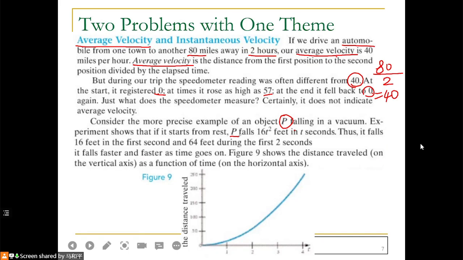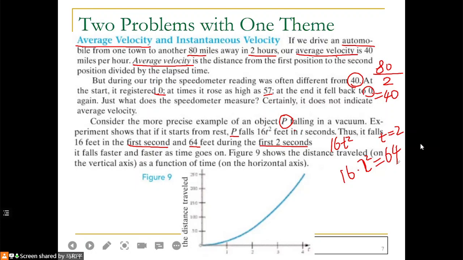That's 16 feet in the first second, and 64 feet during the first 2 seconds, because this is 16t squared. During the first 2 seconds, when t is 2, we have 16 times 2 squared, which is 64 feet. So it falls faster and faster as time goes on.